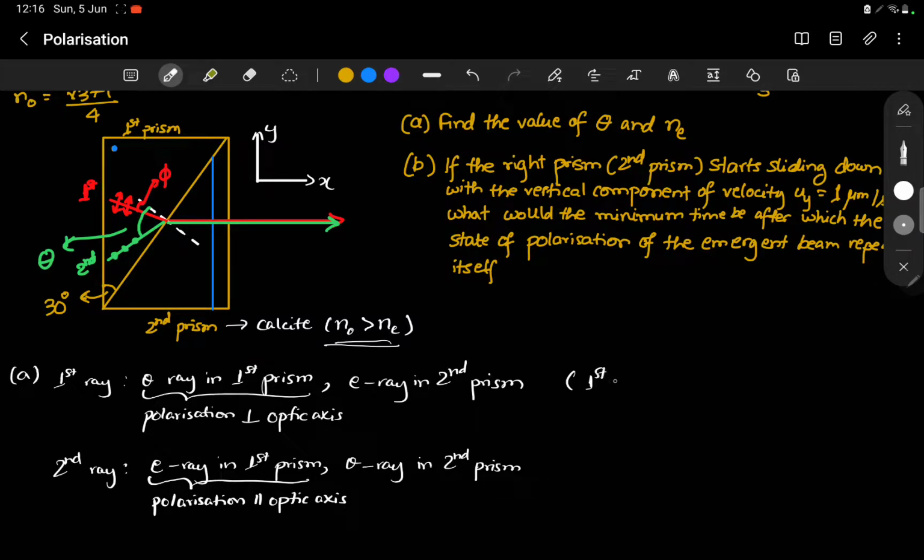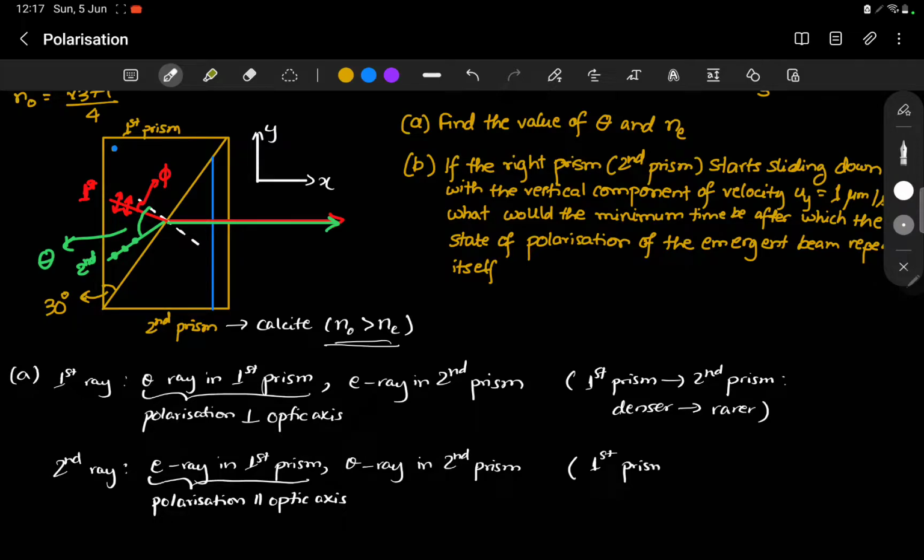So from the first prism to the second prism, the first ray is like moving from a denser medium to a rarer medium, and for the second ray, it is an E ray in the first prism and becomes an O ray in the second prism. So it is as if it is moving from a rarer to a denser medium, because NE is less than NO.